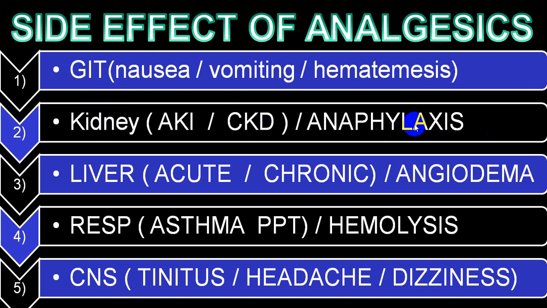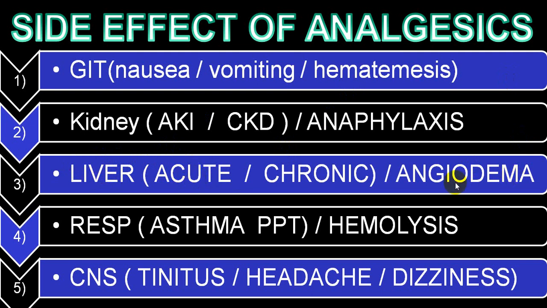Aspirin can have anaphylaxis. They are also mildly hepatotoxic, so can produce acute or chronic damage. Particularly paracetamol can produce acute damage in children when given in larger doses. Even aspirin can produce damage to the liver. You should be aware of that. Other NSAID can also produce acute damage to the liver.